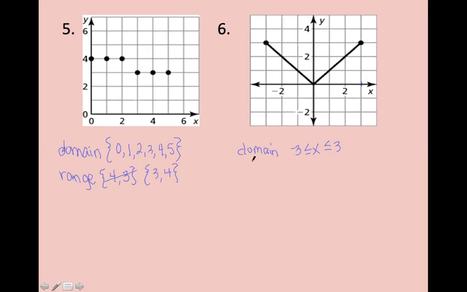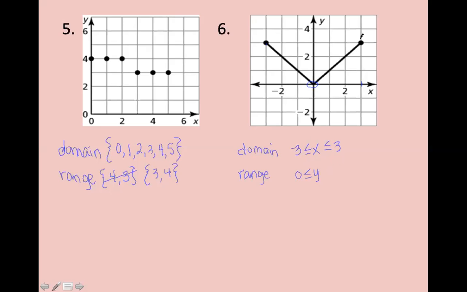Right. My range, again, is the Y values. So I'm going to look at the graph and find the smallest Y value. So the smallest Y looks like right here. If I look on the Y-axis, that's 0. So I know the Y's are greater than or equal to 0.